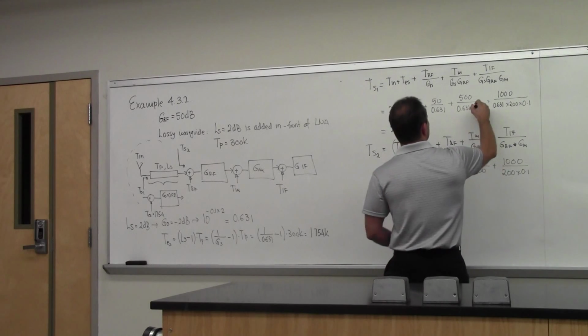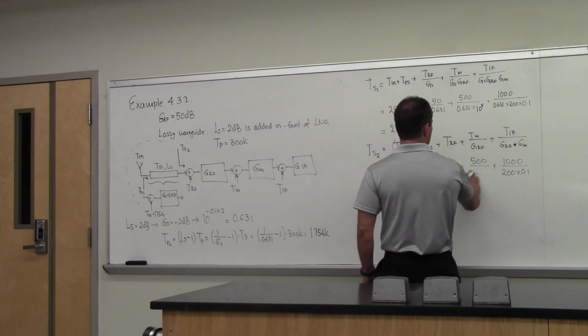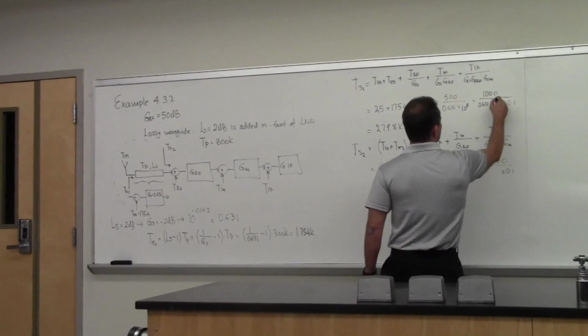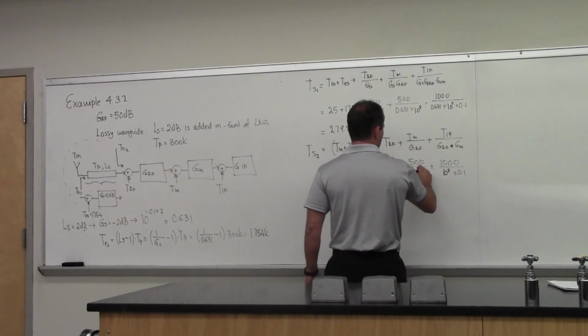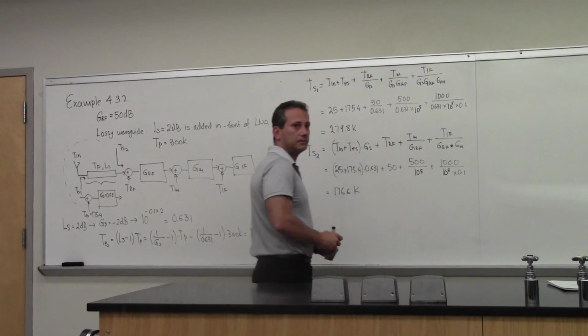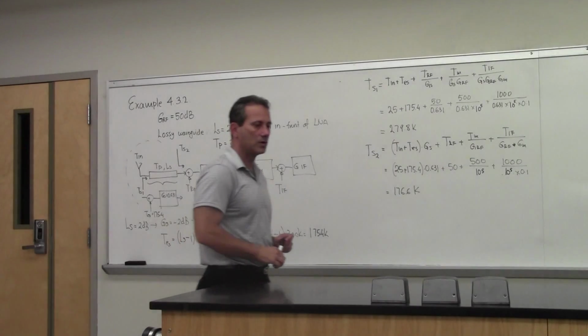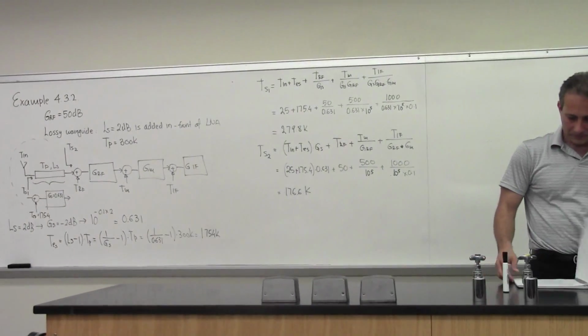This is 10 to the 5 here, and then it's also 10 to the 5 here and 10 to the 5 in these two places, right? 10 to the 5. Okay, so that's it for today.